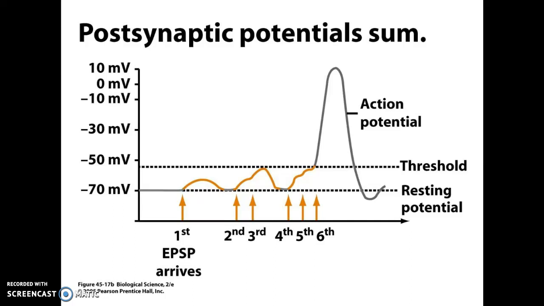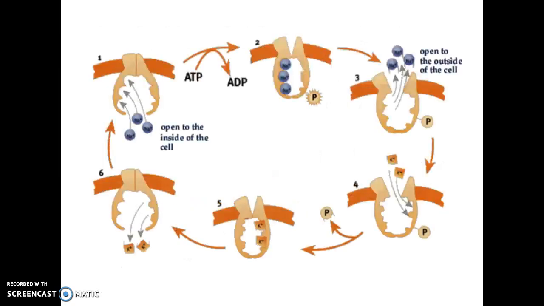The overshoot is then resolved using the sodium-potassium pump and the leakiness of the potassium channels. So that is a little bit more about the ins and outs of how it works at the synapse, as well as how it moves down the axon.